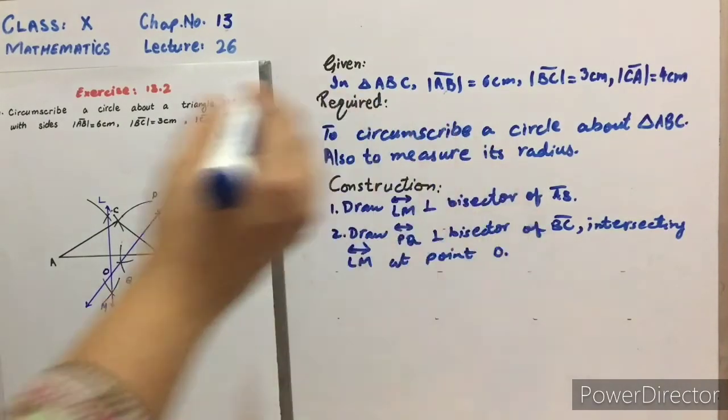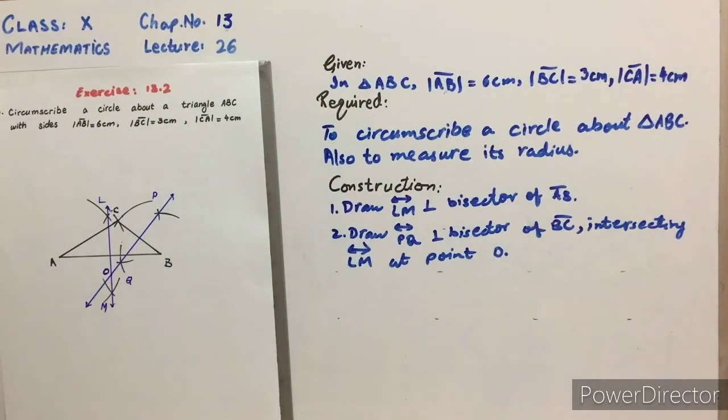Now with center O and radius OA or OB or OC, we can draw a circle which will be the required circle.